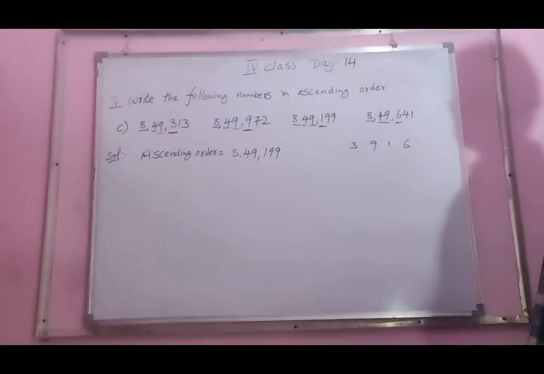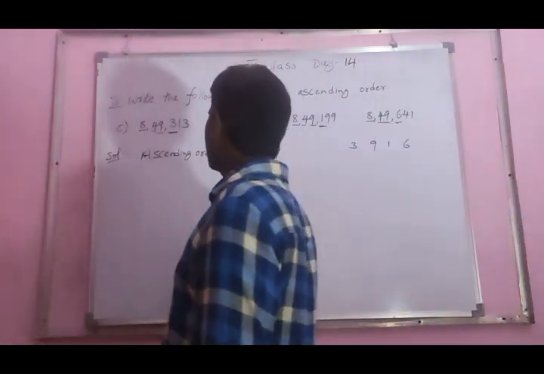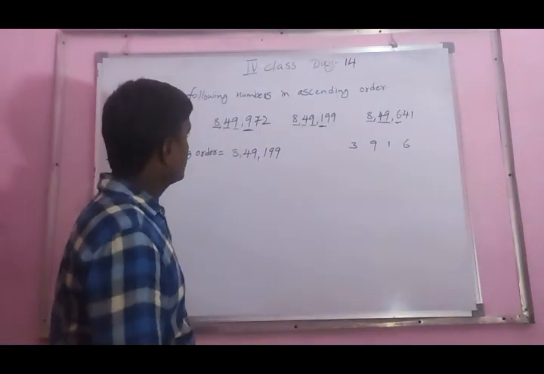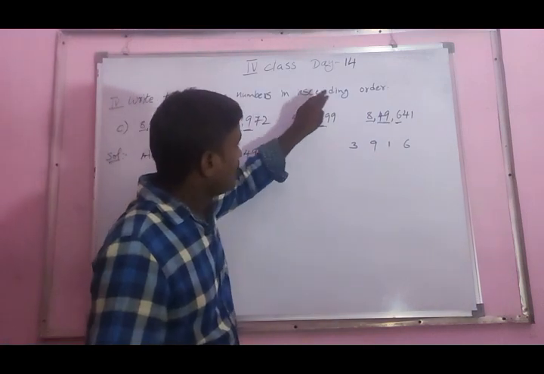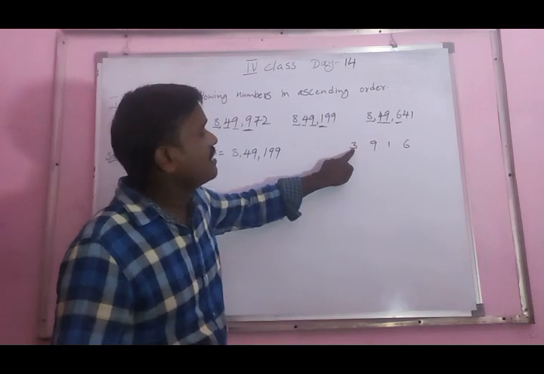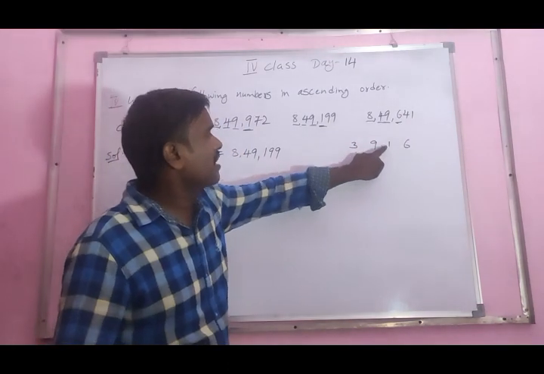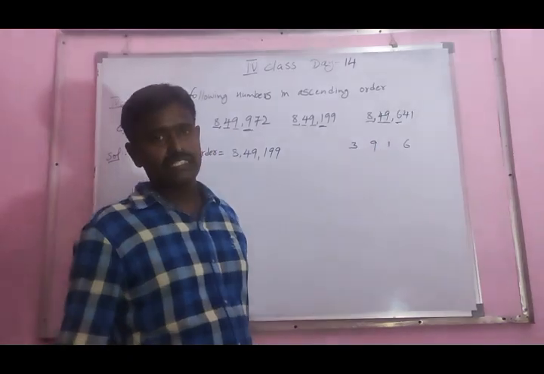Okay, next one. Remaining all digits are same. So next one is 3, the small number after 1.